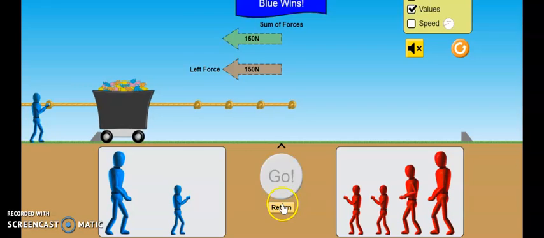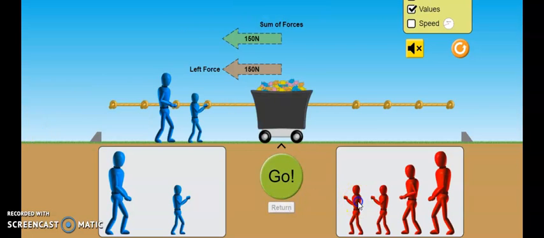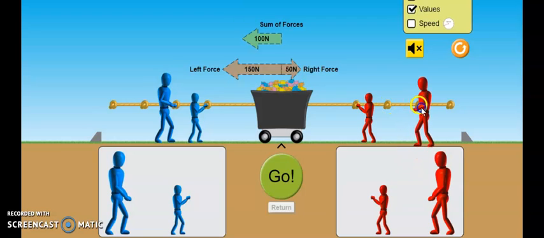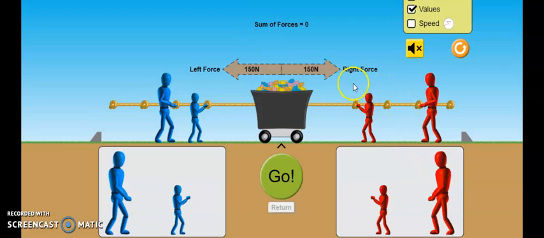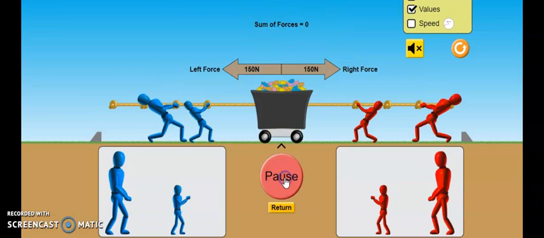So another example, if I want to put the same amount of force on both sides, so I have 150 left and 150 right. So the sum of forces is 150 minus 150. It will give me a 0. So if I push from both sides, the cart is not moving.